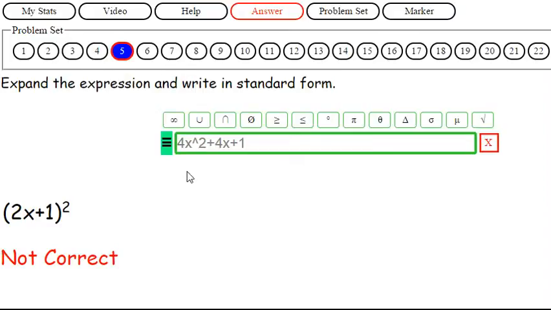I hate that. That was the answer, right? 4x squared plus 4x plus 1. Okay. I'll get that taken care of. That's the reason I plugged that in there, to check that, just to make sure. And if you happen to run across something like that where you know that's the answer, please go by the Contact Us button and let me know.